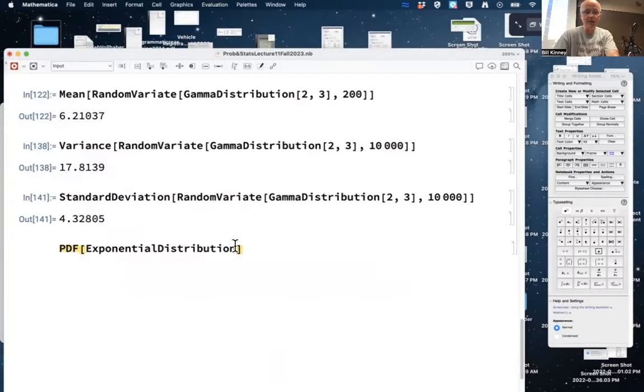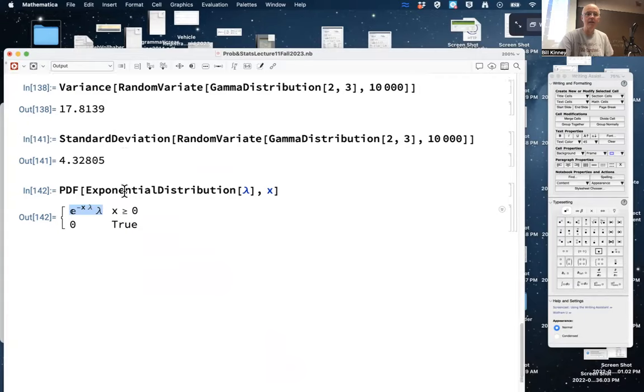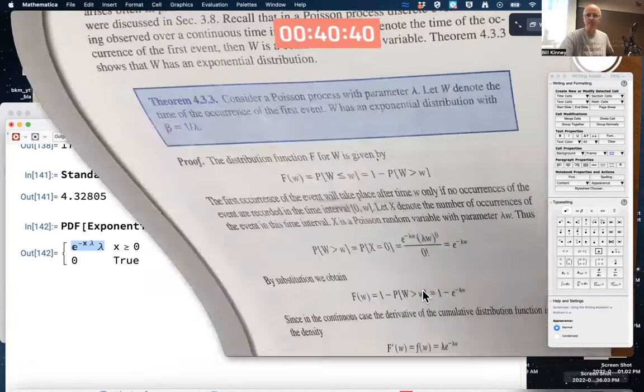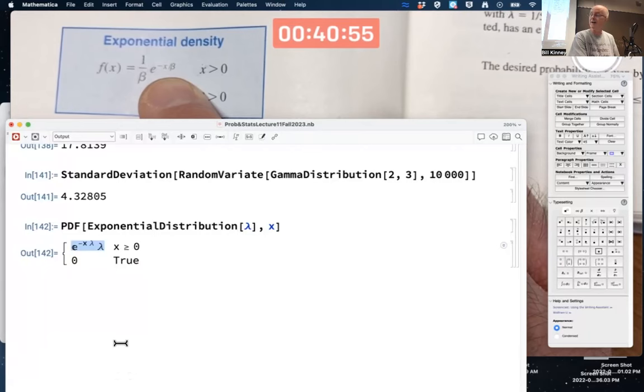Let's go ahead and put a lambda in here, comma x. Look at this PDF. It does look different than the PDF in the book, not only because it's a lambda instead of a beta, but the role the lambda is playing is different. In the book, compare, lambda's like 1 over beta, both there and there. Yeah, lambda is 1 over beta.